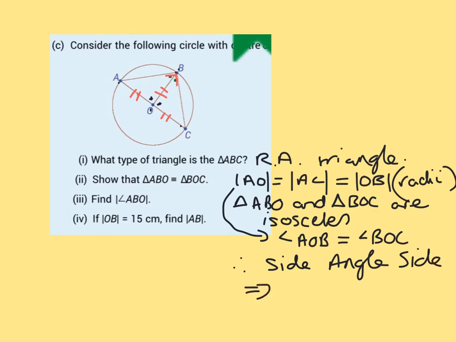Because we've just found side, angle, side, meaning we have two radii and an angle in between each of those radii, that tells us that they're the same triangles. So therefore triangle ABO is equal to triangle BOC.